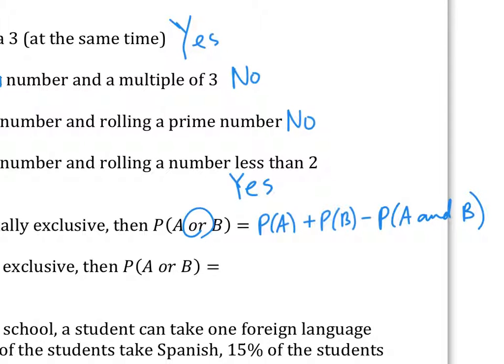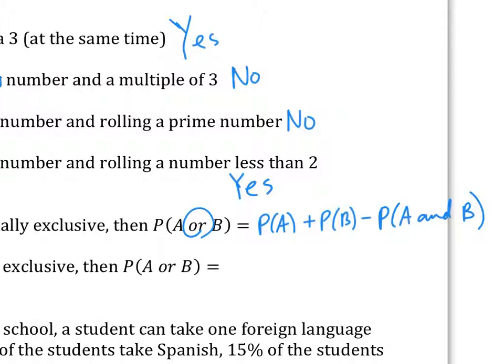Okay, so for example, this one on the homework, yellow or not green. So you're going to add them together. But if there was a block in this jar that is yellow and not green at the same time, then you're double counting. Because you're double counting it, you have to subtract it out.